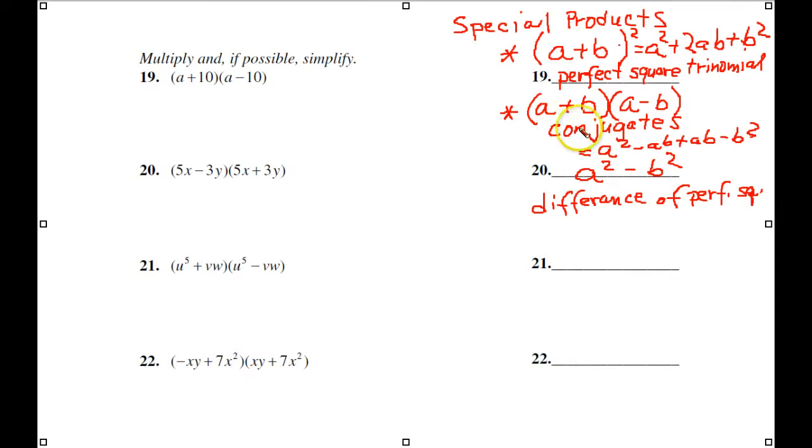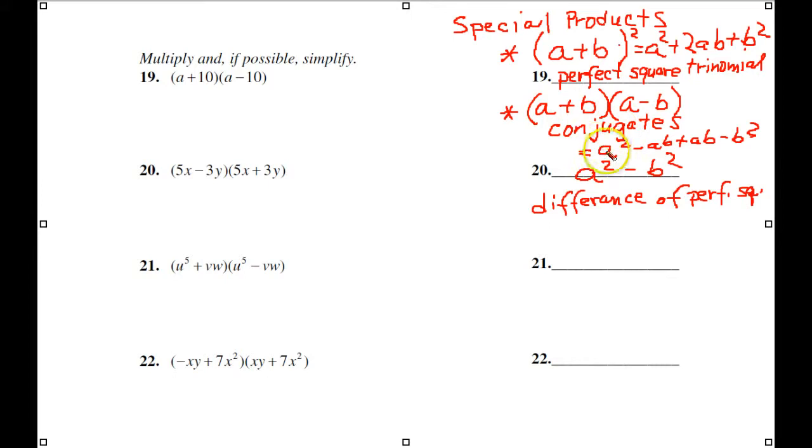They're called conjugates. This is the conjugate of this, and vice versa. So it'd be the same terms, but opposite signs. They are called conjugates. Now, when you FOIL conjugates, notice what happens.